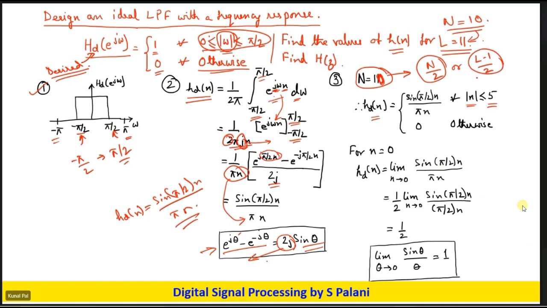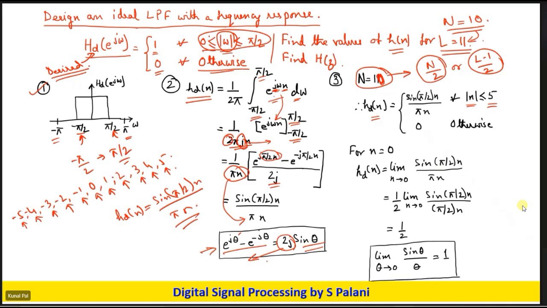Please keep this in mind. The length would still be 11. How come? If you see, modulus of n is 5, so we will have minus 5, minus 4, minus 3, minus 2, minus 1, 0, 1, 2, 3, 4, 5. What is the length? 1, 2, 3, 4, 5, 6, 7, 8, 9, 10 and 11.